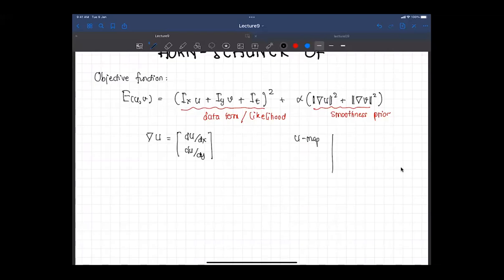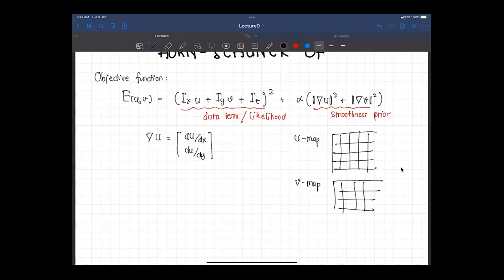You have a map representing the value of your U for your pixels. So this one corresponds to your pixels, the map. So the motion of U in the x direction for each pixel. And then you also have a V map. And the V map is also a map. And the resolution of this map, again, is the same as the resolution of your image.